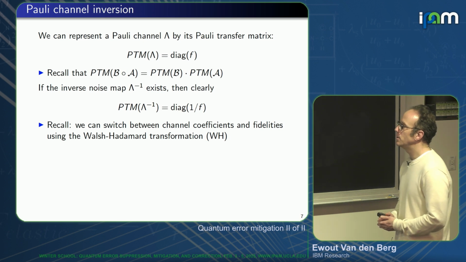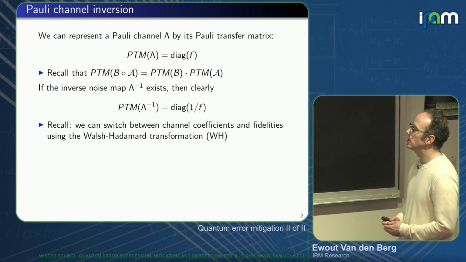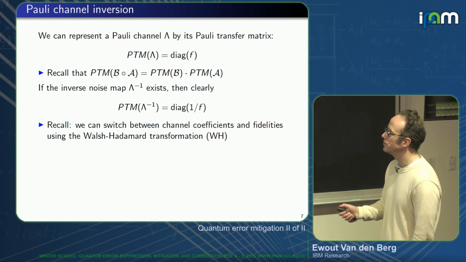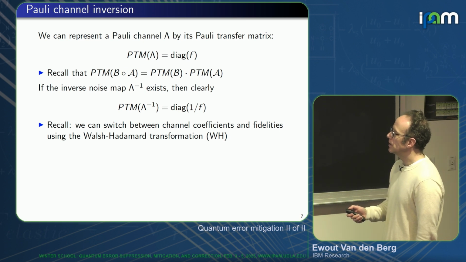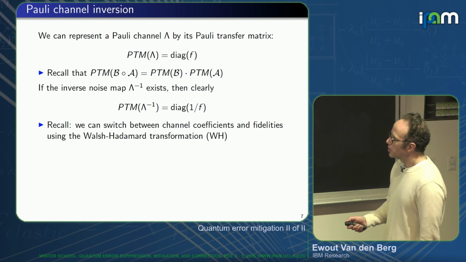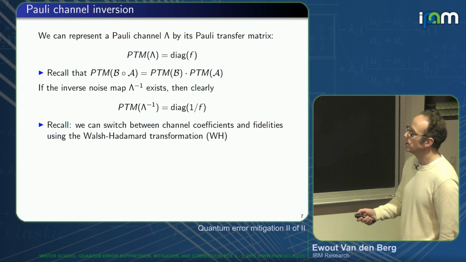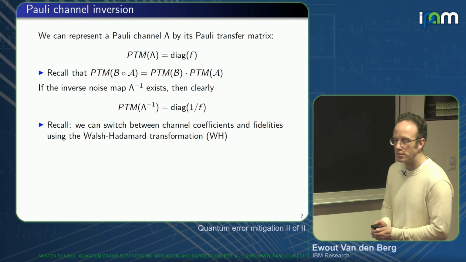we saw that we can represent the Pauli channel by its Pauli transfer matrix, which will be just the diagonal of the fidelities, right? And we also saw that the Pauli transfer matrix of the composition of two maps is just the product of the Pauli transfer matrices of each of the two maps.